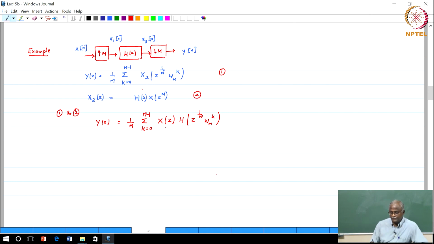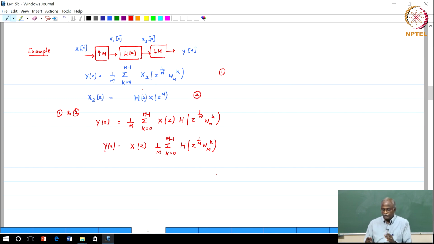Since x of z is common and does not depend on k, I am pulling it outside the block: X of z times 1 over m summation k equal to 0 to m minus 1, h of z power 1 over m W_m^k. Okay, so this is y of z.